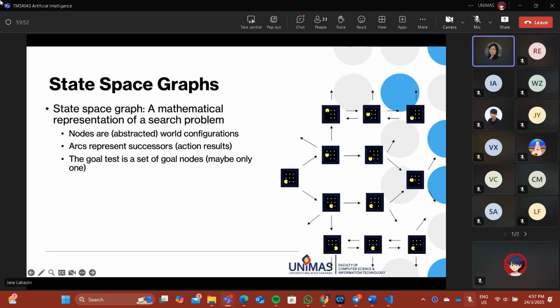So a state space graph can look something like this. You start off with the one here on the left, this position. From that position, you can move either north or east.